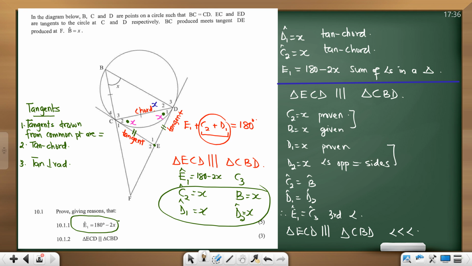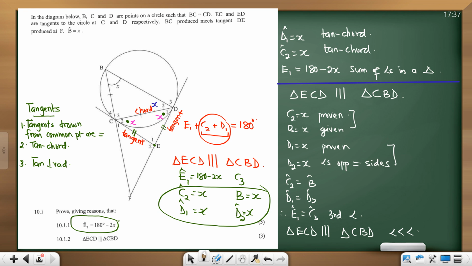Once I list them in order, I know they are equal. Try to find a reason for their equality, and you need only two. The third one, write third angle. And you are done. Don't forget your reason. Angle, angle, angle. Everybody okay? Euclidean, the most dangerous topic becomes the easiest to us. Follow the tips.